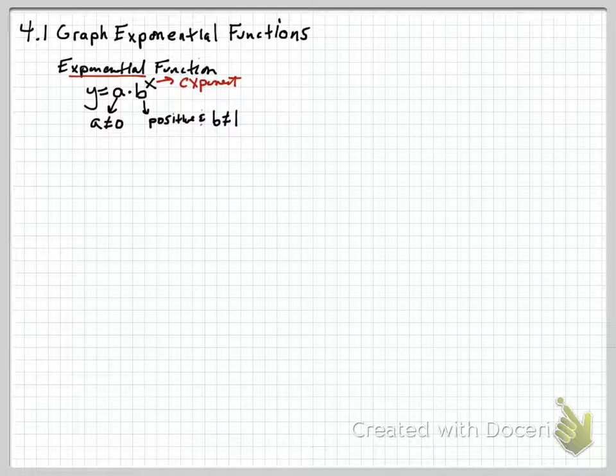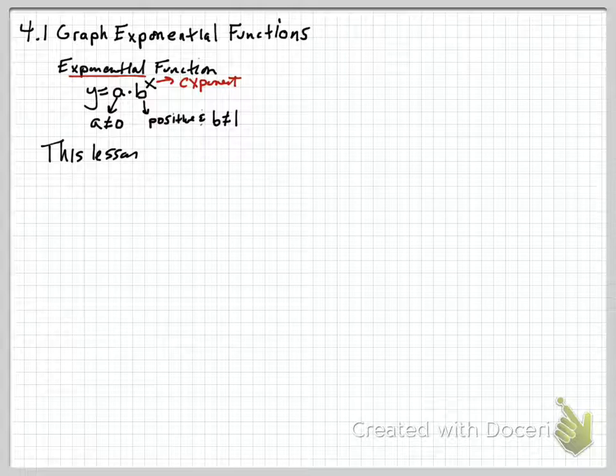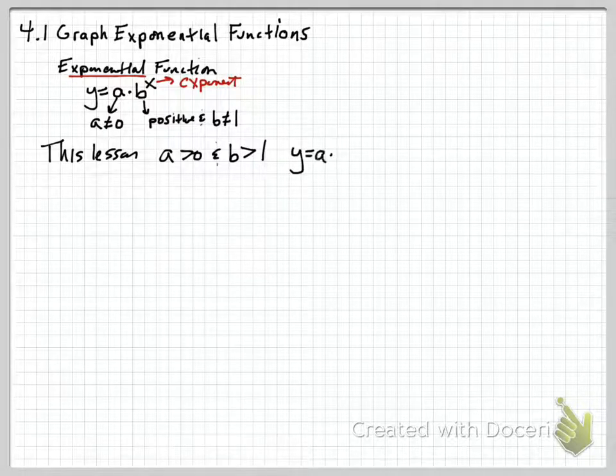What I'm going to really focus on in this particular lesson is the following. For this lesson, we're going to be looking at a values that are bigger than 0 and b values that are greater than 1. And if that happens, y equals a times b to the x is called exponential growth.